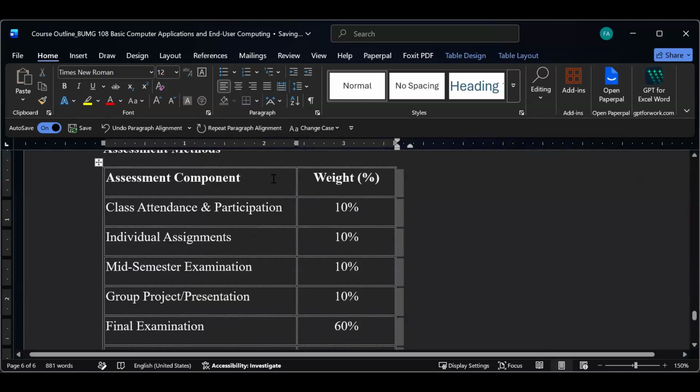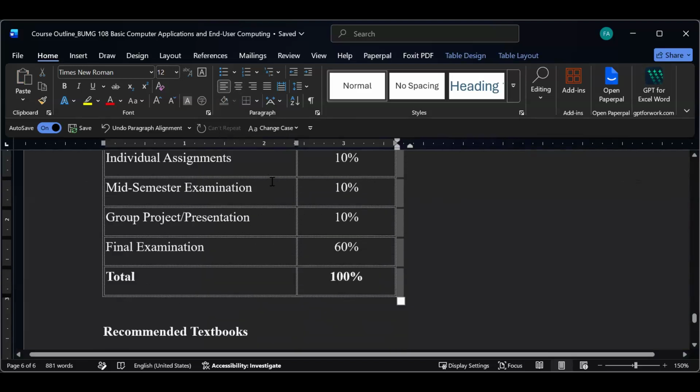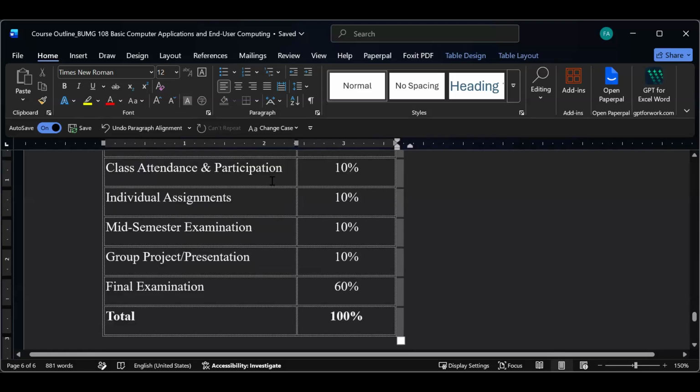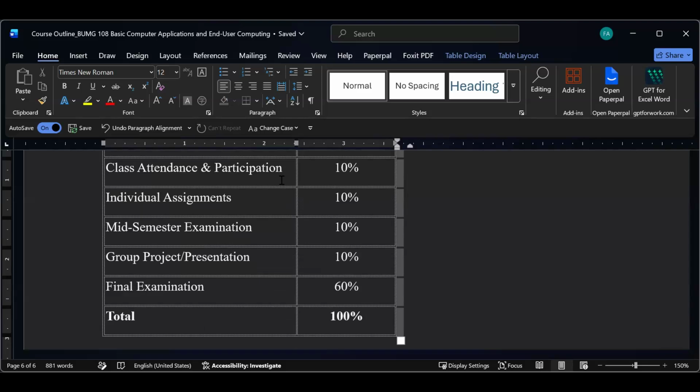So agreeing, disagreeing, making a point, or summarizing what you think you understand. There'll be individual assignments. The list of assignments I gave you: every week you have an assignment. So if you do all the 10 assignments, you have 10 marks.